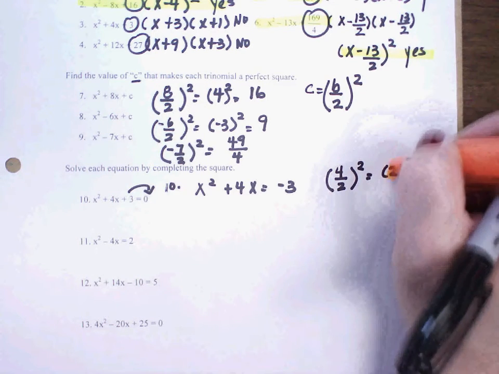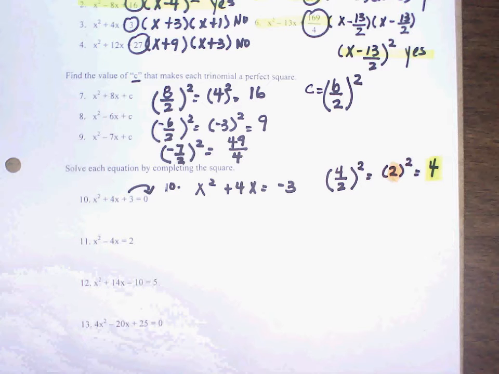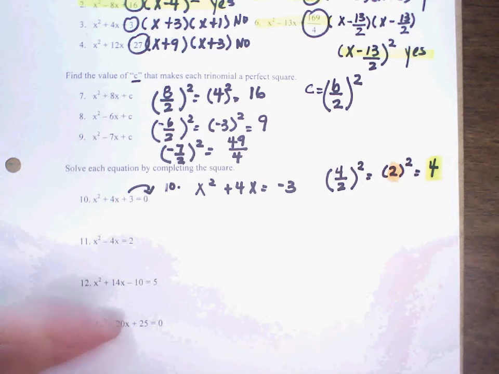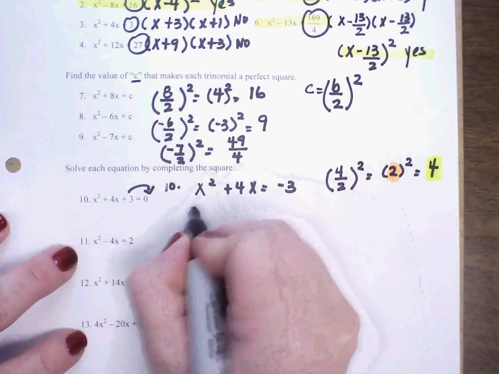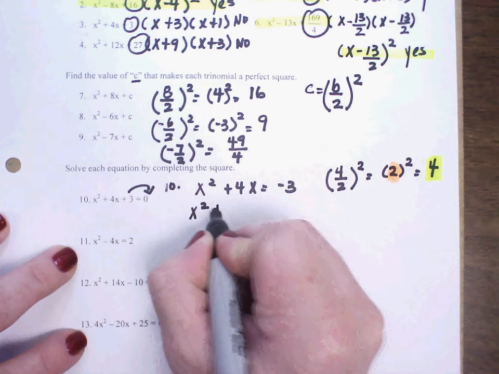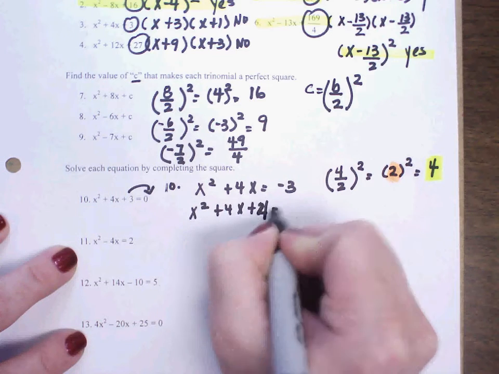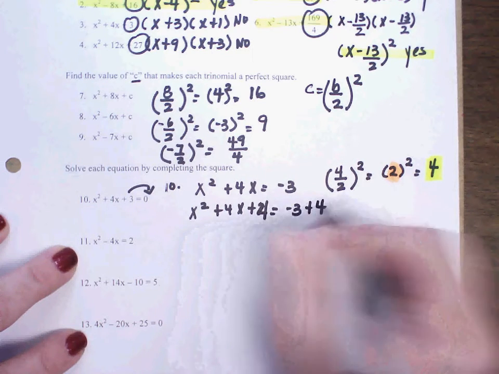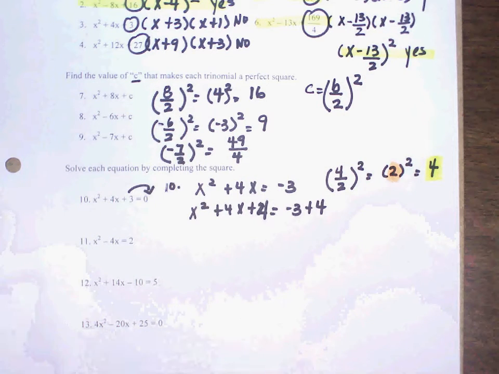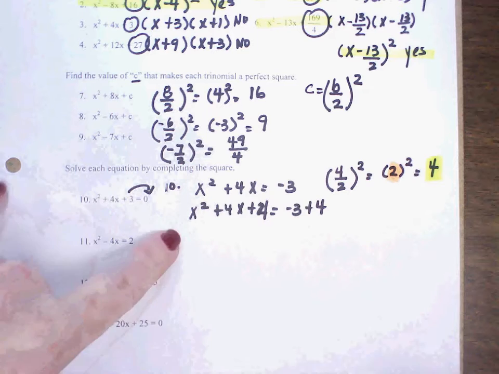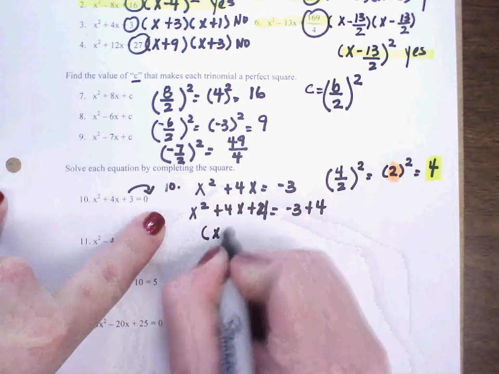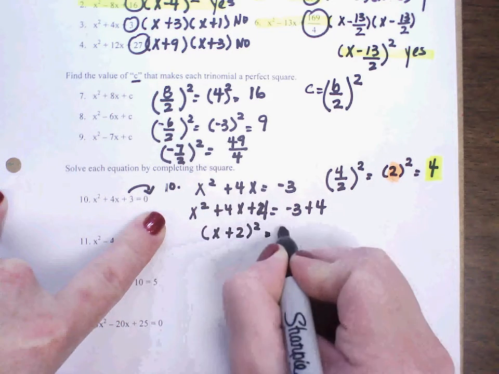Yay? All right. So this would be x squared plus 4x plus 4 and negative 3 plus 4. And actually, you can do a lot of this in your head, right?